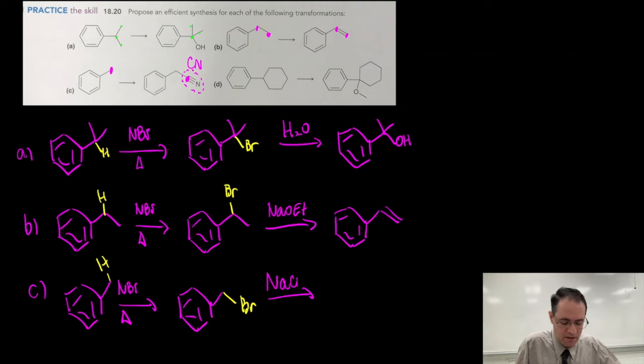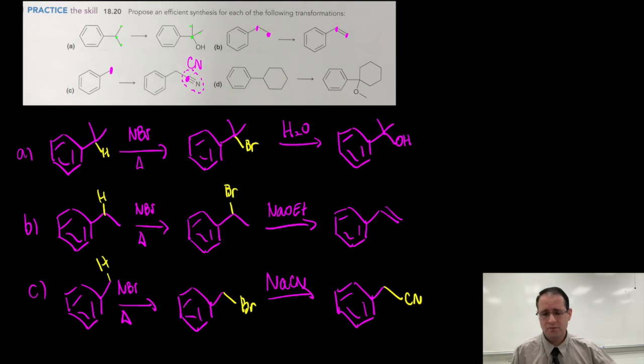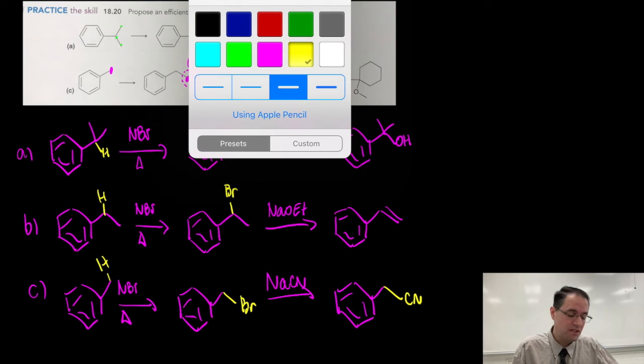And that will give me the benzyl cyanide, I think they call it. And I'll draw that in yellow once again. Okay, so you can see how sometimes we do addition reactions, sometimes we do substitution reactions. So far we're substituting hydrogen for bromine and then bromine for something else, okay?